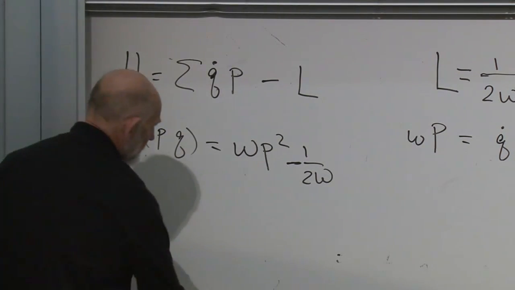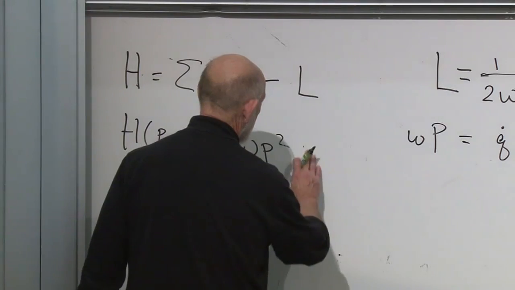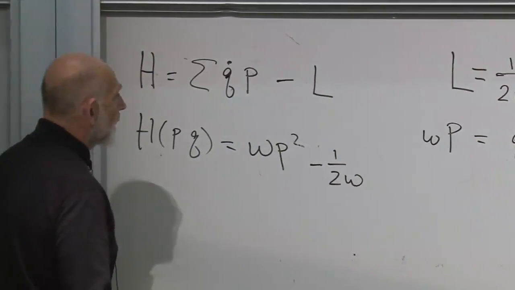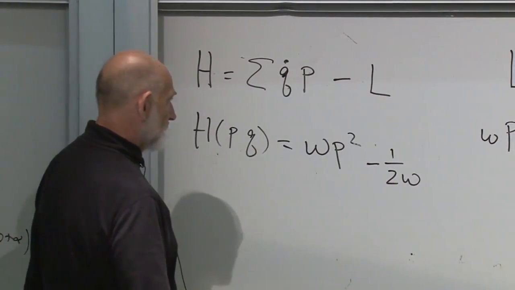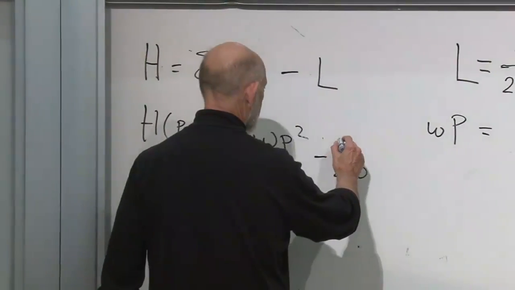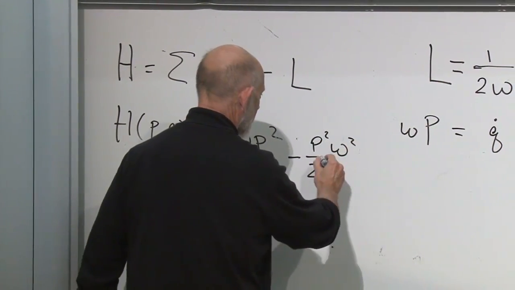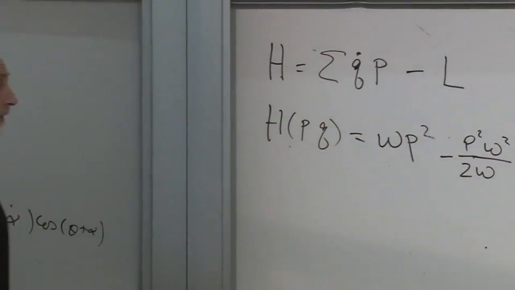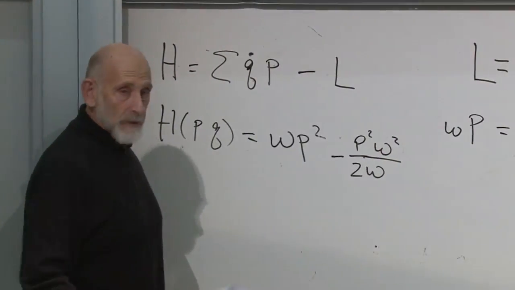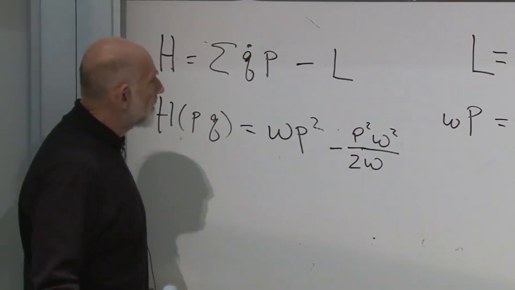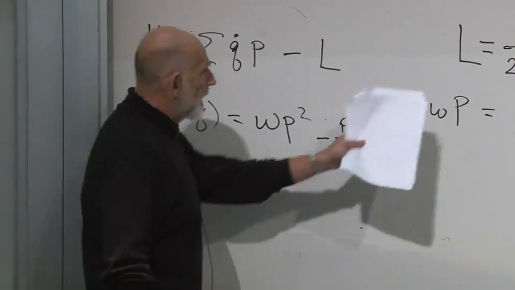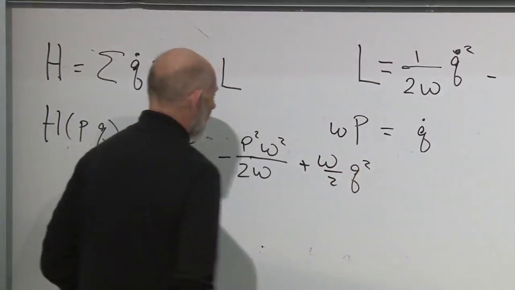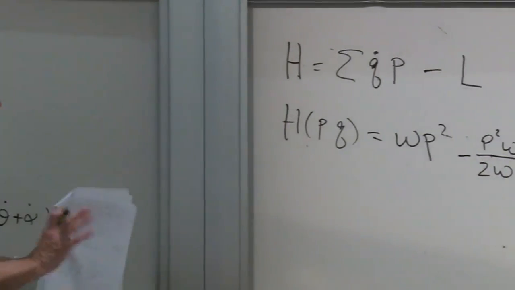Okay, so let's write it. Minus 1 over 2 omega, p squared, omega squared. Oh, that's nice. The omega in the denominator is canceled by one of the omegas in the numerator. Keep in mind, but I want to write down the last term. The last term in minus L is plus omega over 2 q squared. Okay, so notice what happened here.